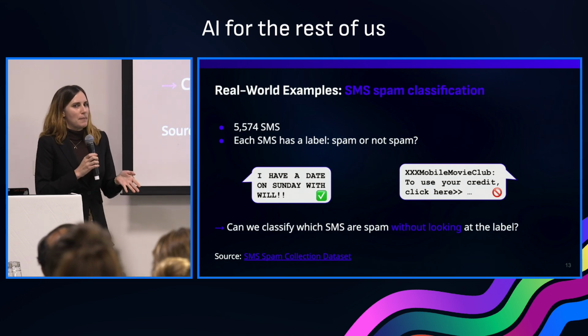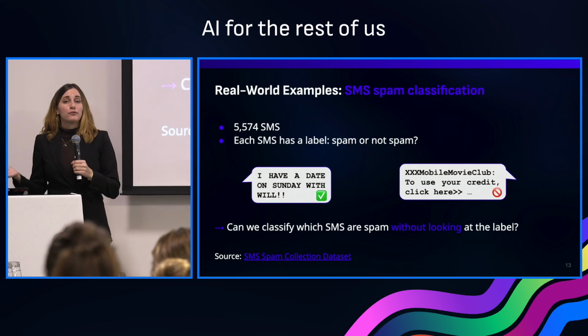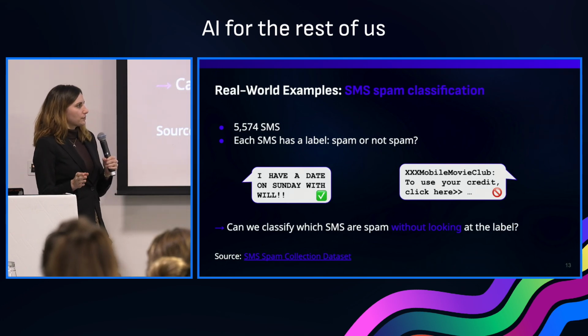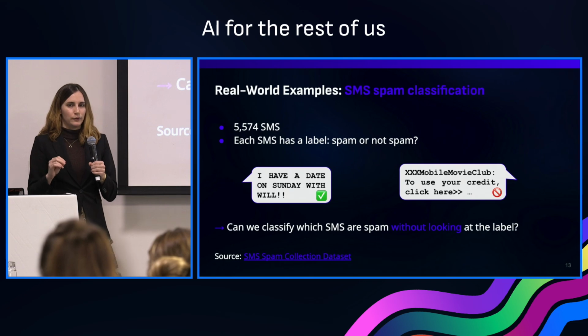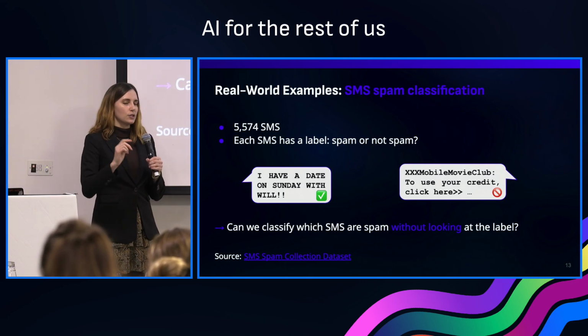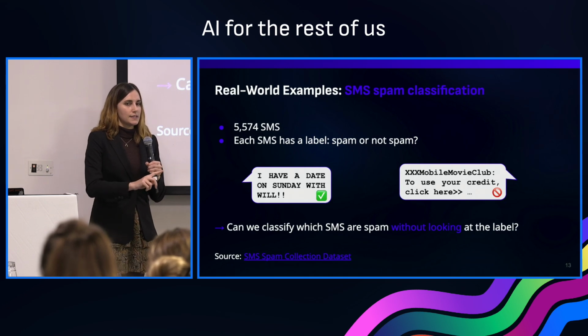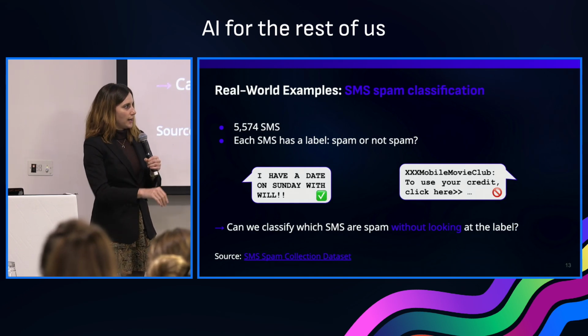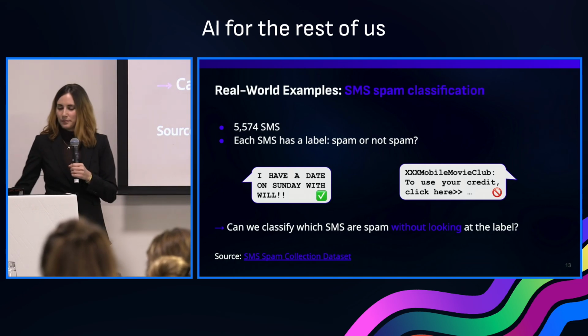This is probably spam. So we have a data set with about 5,000 of these classified into spam and not spam. So the idea is here, can we classify? Can we just look at an SMS without looking at its label and say if it's spam or not spam? So kind of like closing your eyes and then saying, okay, is this spam or not spam?